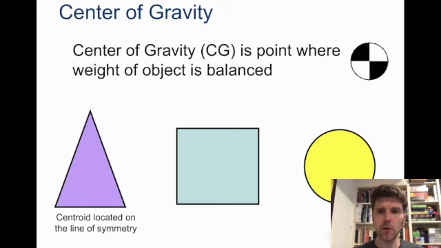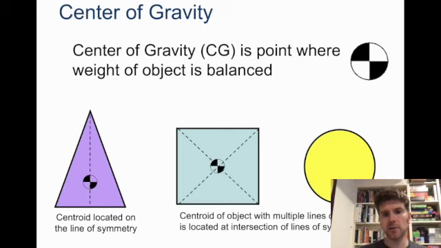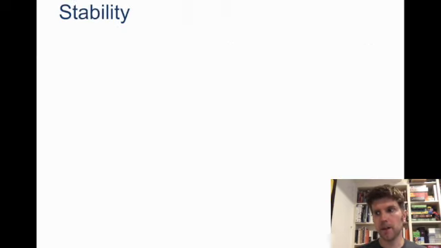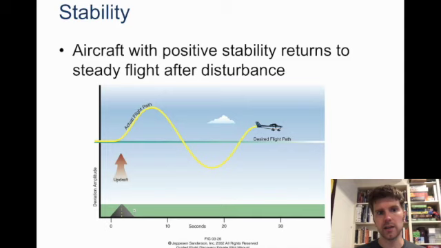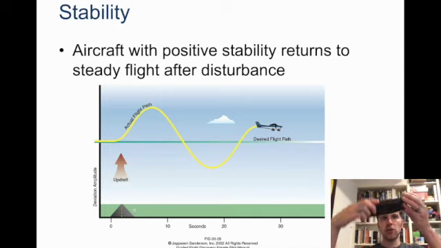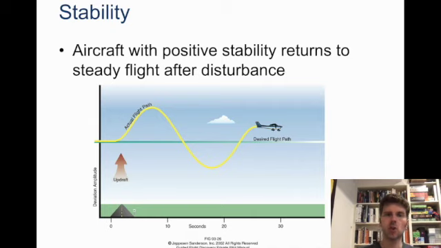You probably all know about center of gravity. That's where an aircraft is balanced. Center of gravity is going to be really important when we discuss aircraft because it gets into the idea of stability. We need to control an aircraft to be stable. If it hits some turbulence or some bumpy wind, we want it to come back to where it was.